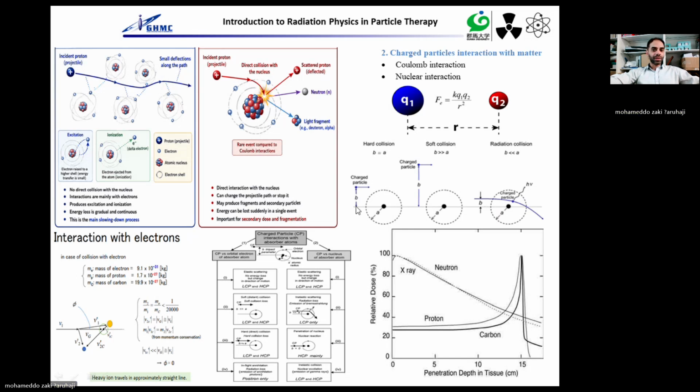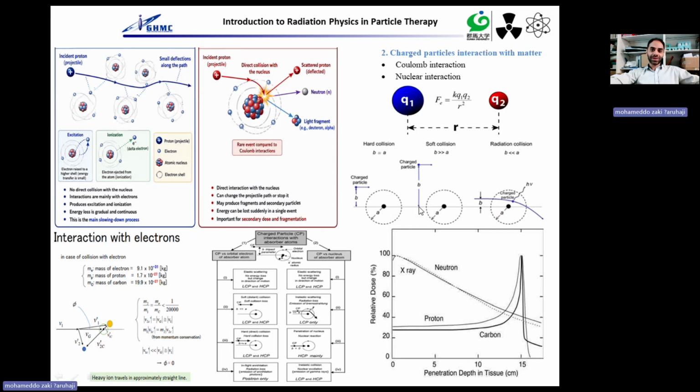When the length of this parameter is equal to the radius of the circle from the nucleus, then I will have either excitation or ionization. When the distance between the nucleus and the movement of the particle is equal to the radius of this atom, I will have either excitation or ionization.